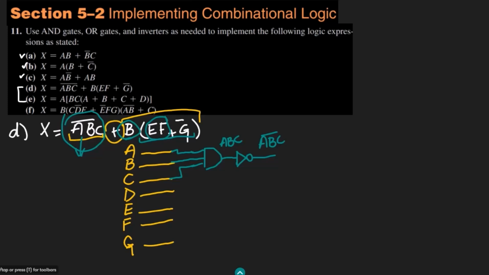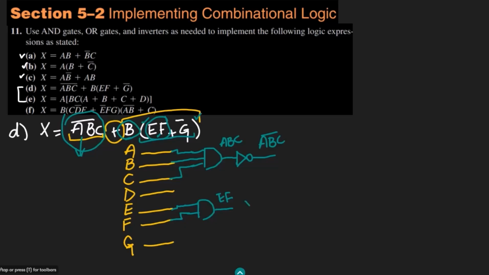So let me start with this multiplication which is inside of these brackets. E and F are multiplied together, and here I have to use this AND gate. So this is E and this is F, and the output of it is EF. And with that this G complement is added.